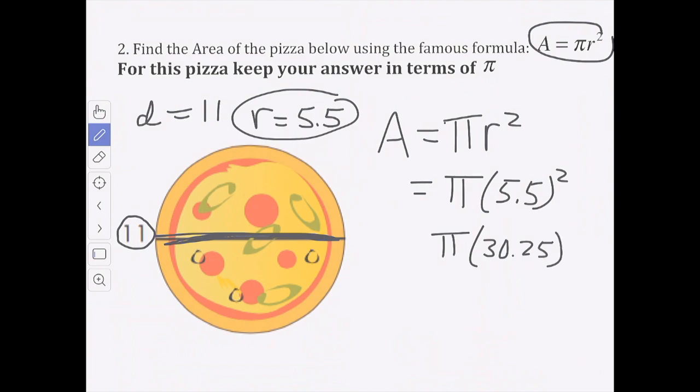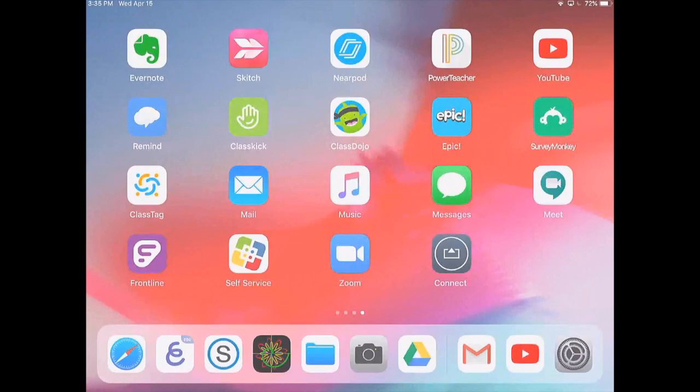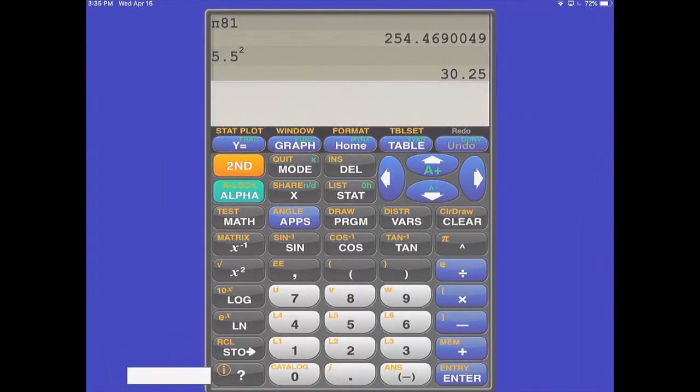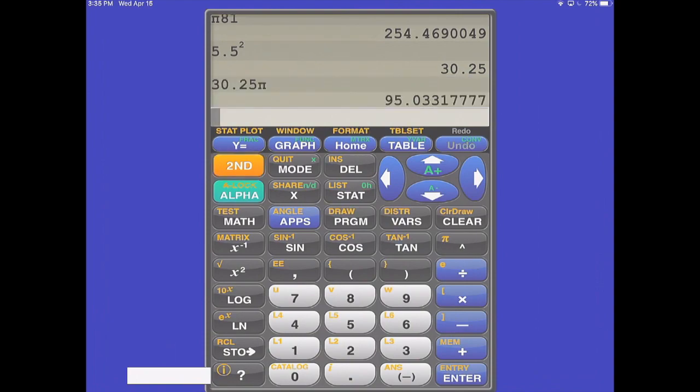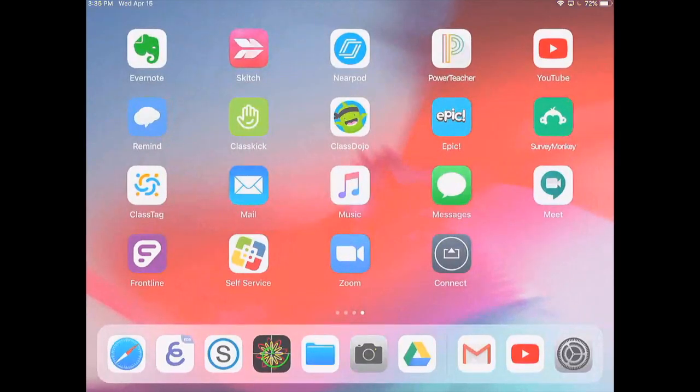And if it asked me to round it to the nearest tenth, I would take 30.25 and multiply it by pi to get 95.0. But in this question, it did not say to round.